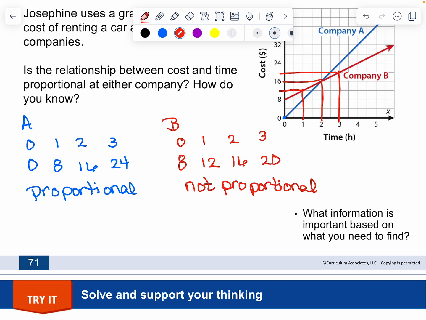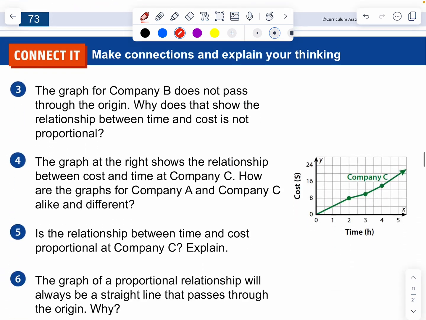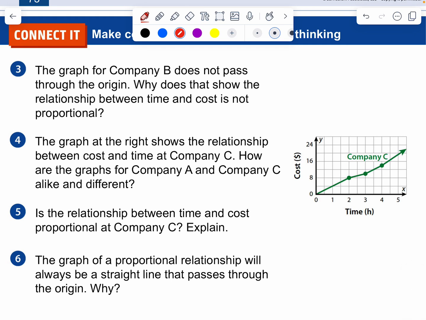But for Company B, there's no number that we can multiply 0 by to get 8. 1 times 12 is 12, but this changes then. 2 times 8 is 16, and 3 times some number less than 7 is 20. So why does that show the relationship is not proportional? Because we're not multiplying by the same thing, and there is no number we can multiply 0 by to get 8.